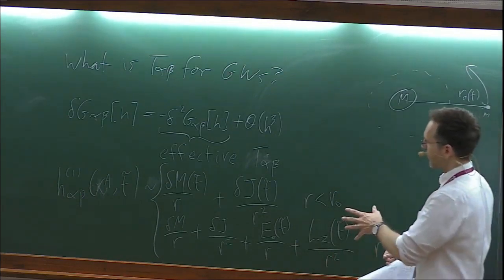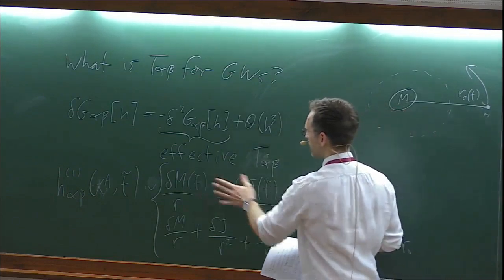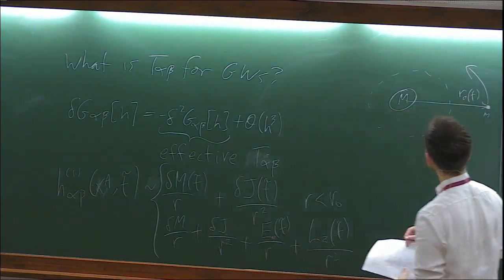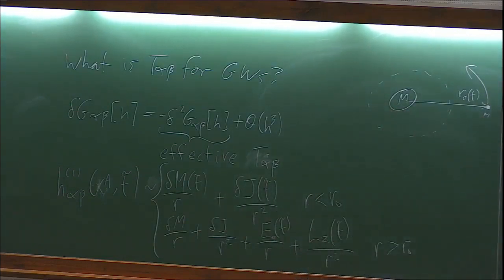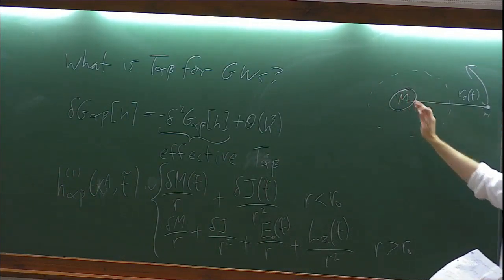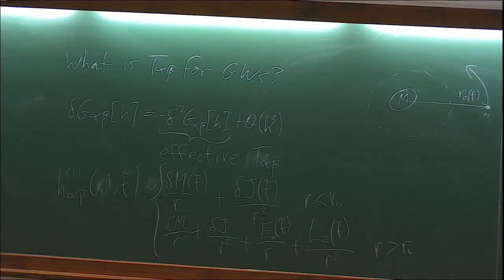So what we're looking for is the rates of change of these quantities due to the fluxes of energy and angular momentum out to infinity and down into the black hole. So how do we get that from this effective stress-energy tensor?